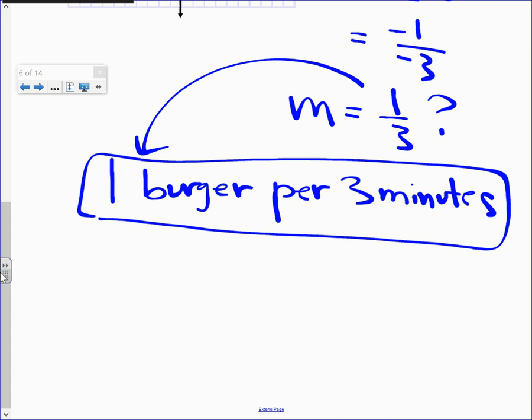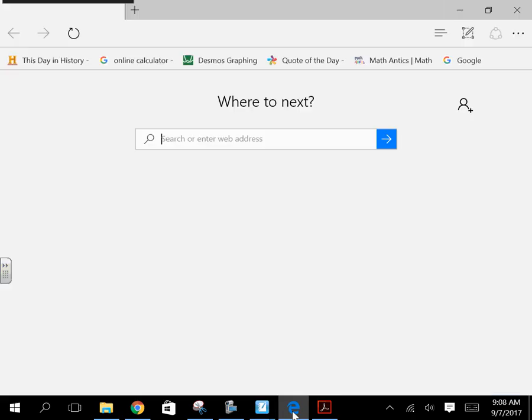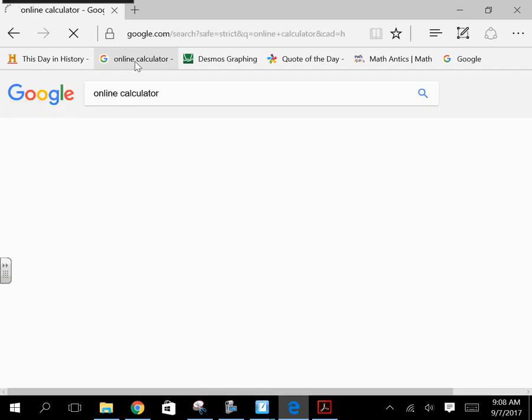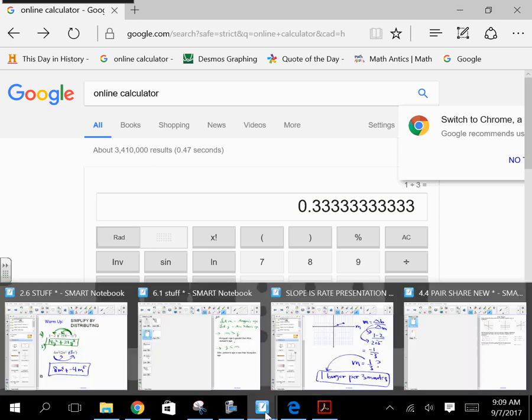So what I'll do is I'll take 1 divided by 3. I'll get my calculator out. Watch this. You can just watch me do this. 1 divided by 3, turn it into decimal. 0.33333. So watch this. I'll round to the nearest hundredth here.